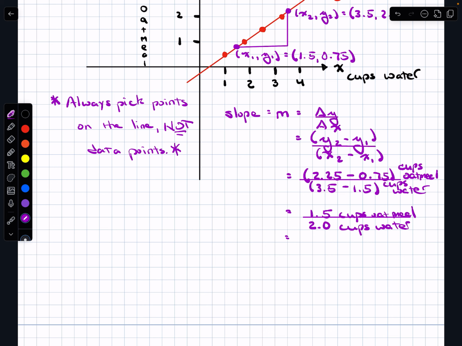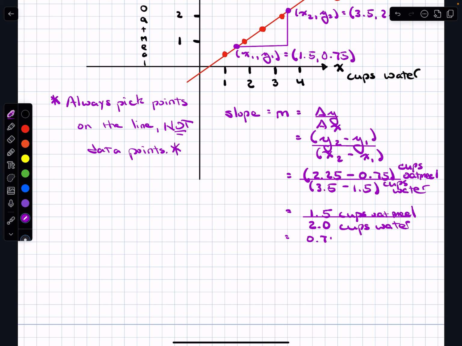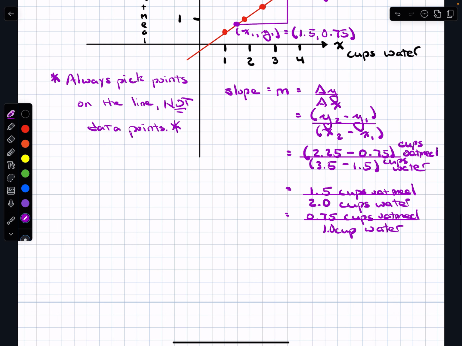I'm going to get my calculator out and figure out what this value is. 1.5 divided by 2 is about 0.75 cups of oatmeal for every 1 cup of water.